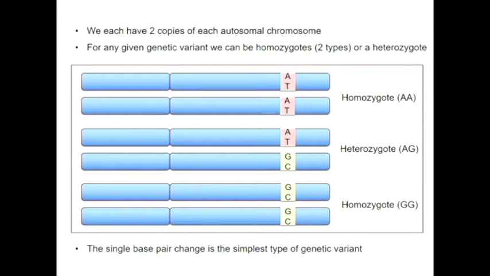So you can see here that I've got 3 sets of 2 chromosomes. This one has an AT base pair. This one has an AT-GC. This GC-GC. Homozygote, heterozygote, homozygote. The way we would write that is that this person here would be an AA homozygote, an AG heterozygote, and a GG homozygote.